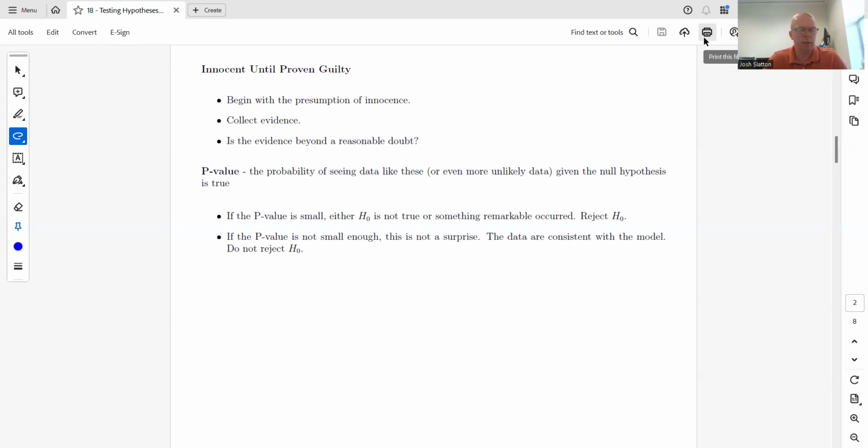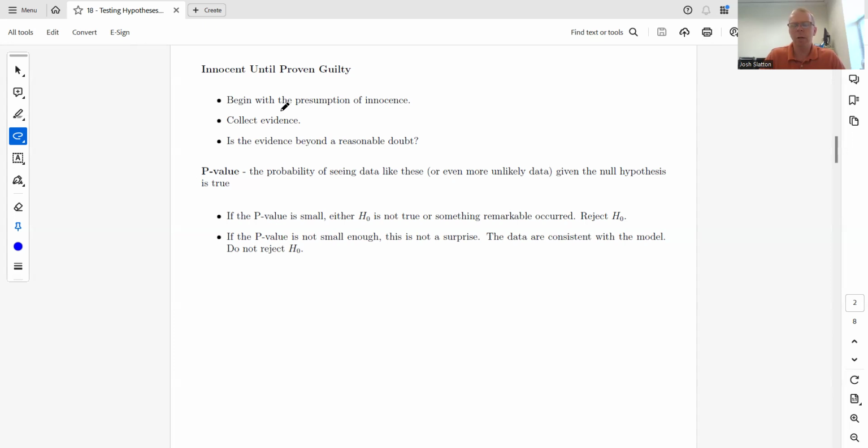And so we're going to talk a little in this one about what that means exactly, and how it relates to what the goal might be there. A good analogy for this is a court case. In a court case, someone's been charged with a crime, and we always begin with the presumption of innocence.